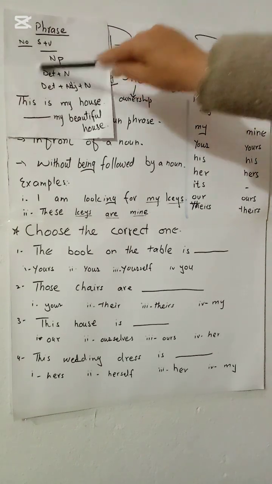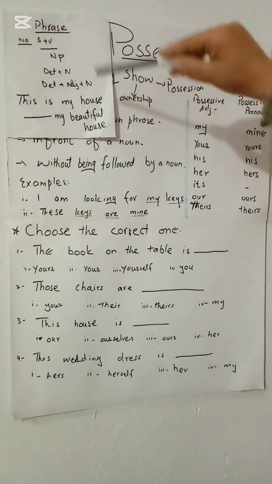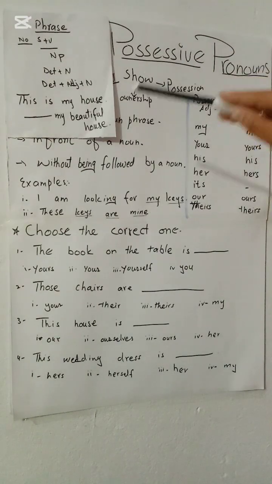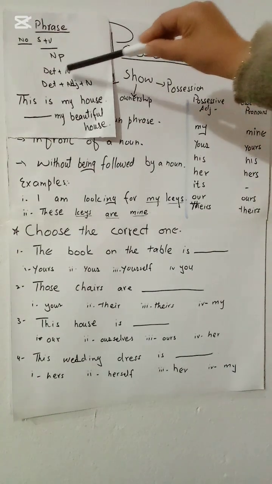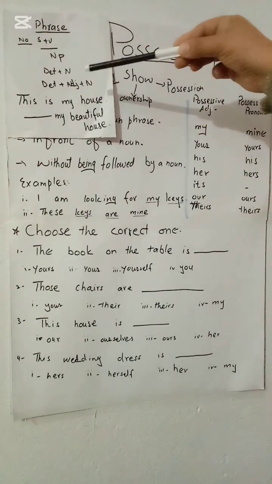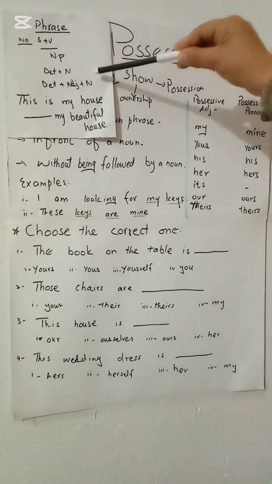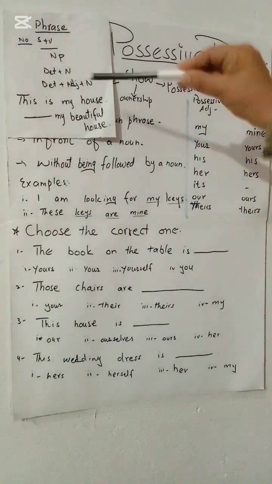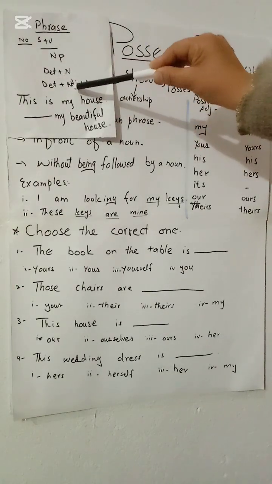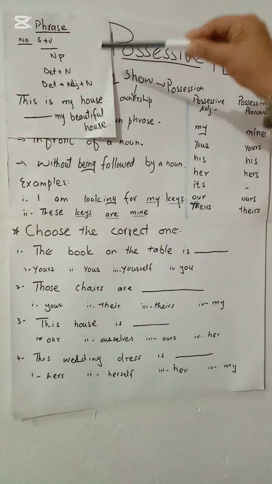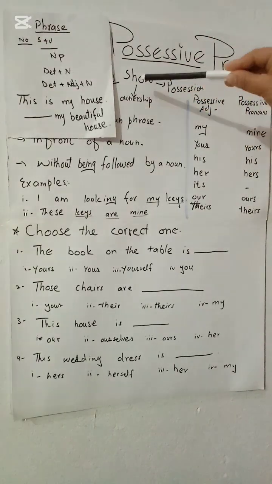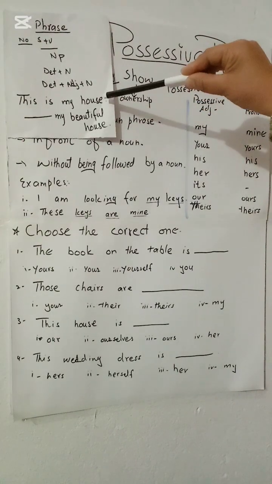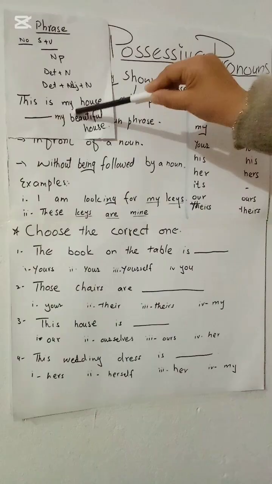Here are two formulas by which you can understand the noun phrase used in a sentence. Whenever we have determiner plus noun together, we say that this is a noun phrase. Or whenever we have determiner plus adjective plus noun together, this is a noun phrase. For example, this is my house. Here we have my and house.